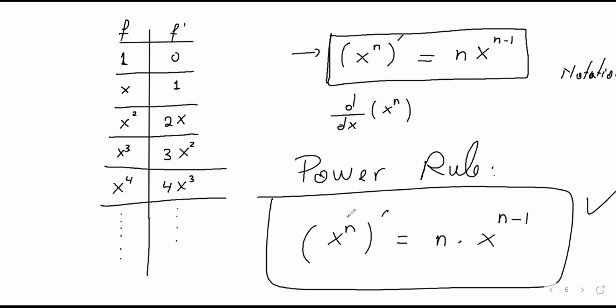So n could be an integer, a rational number, maybe a negative number. So it could be many. So this is a powerful rule.